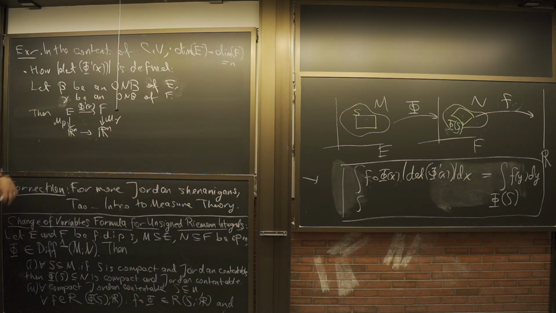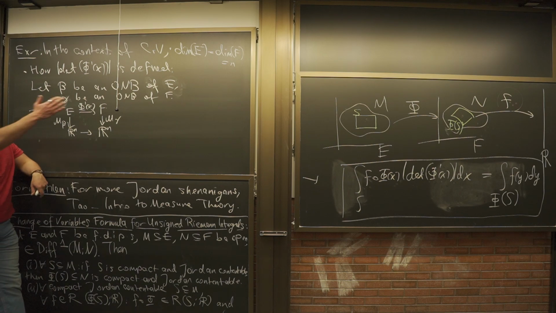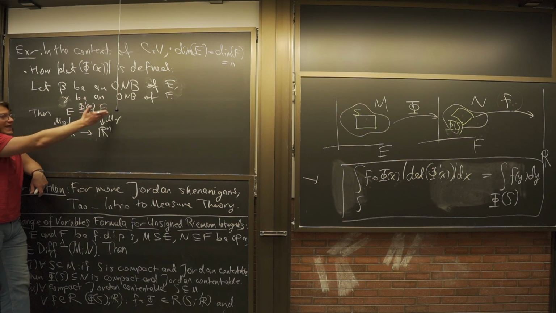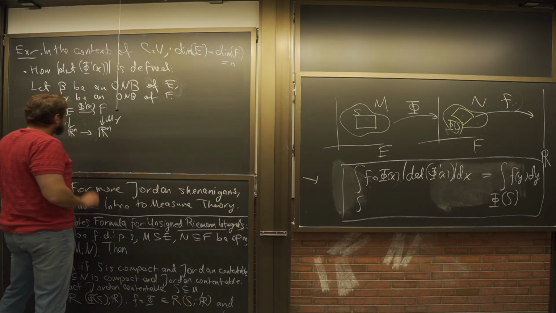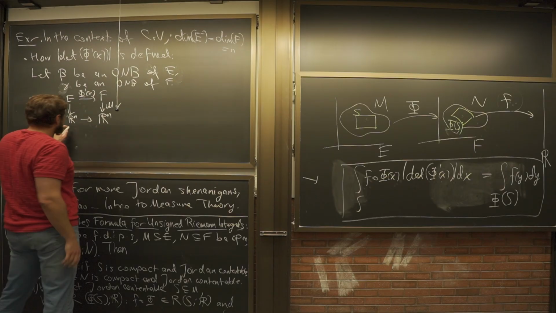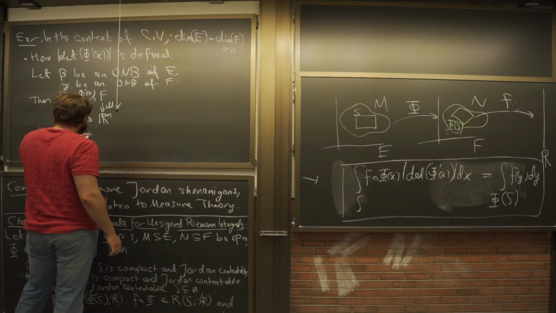So this beta chart gives me an isomorphism from E to Rn, and gamma chart gives me an isomorphism from F to, again, Rn. And if I were to look at the matrix representation of this linear transformation relative to these two bases, that gives me an honest to heavens n by n matrix, which we denoted like so.